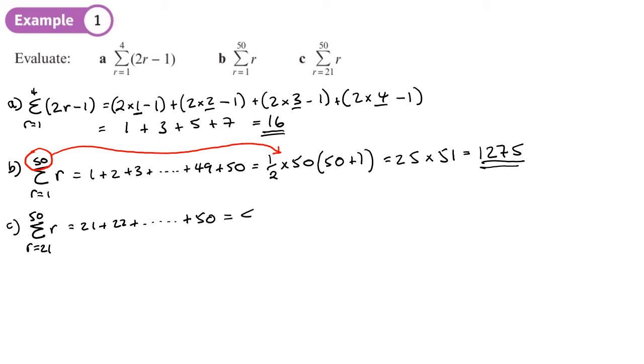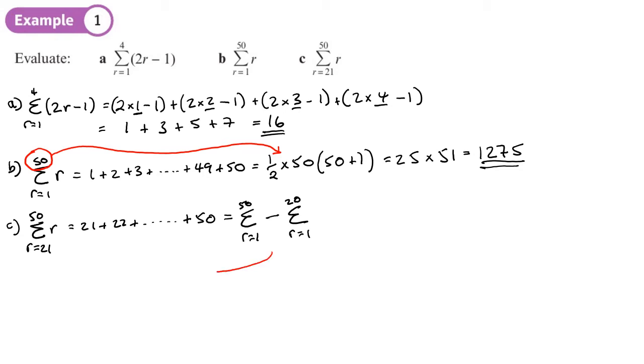I'm going to find the sum from 1 to 50, which I have done already, but subtract the sum from 1 to 20. That will just leave me with the sum from 21 to 50. So that's the trick that we use.